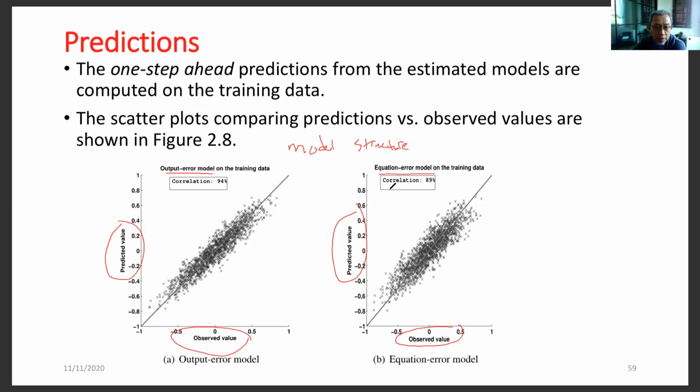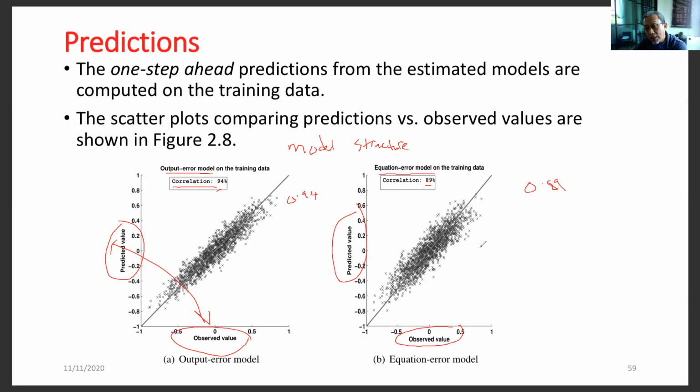You can see that the relationship between the observed value and the predicted value is represented by correlations. This one is 89%, this one is 94%. Or you can just write it as a correlation of 0.89, and this one is 0.94.